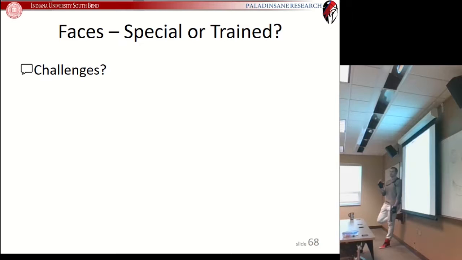If you were to train people on any complex stimulus, and you notice this fusiform face area started to get activated after training, the question is always, is it because these complex stimuli are highly trained, or is it now because the faces are being seen in this complex stimuli? And as we've seen, faces are like everywhere.